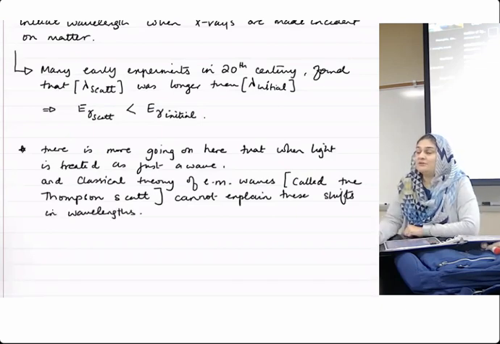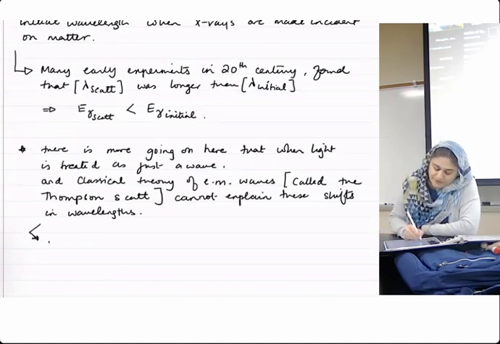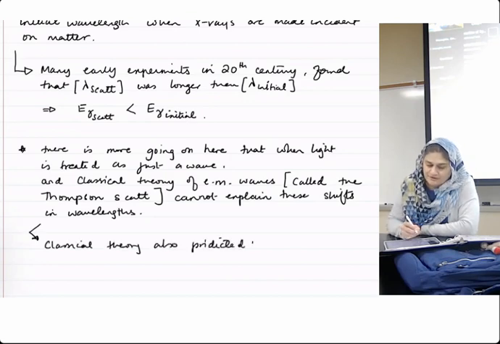Another thing that was going on was that the classical theory predicted that for accelerated particles, these two effects will happen. So classical theory also predicted two things.